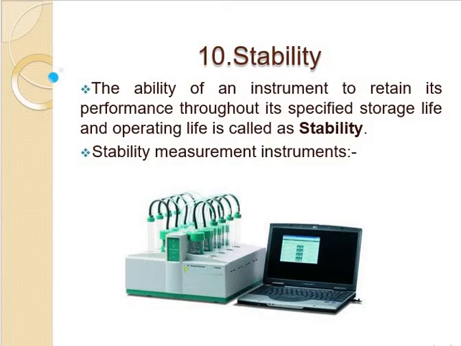Suppose we are taking readings from one instrument and it gives 10 rpm. Next year also the instrument should give the same 10 rpm reading only. That is called the instrument giving stability.